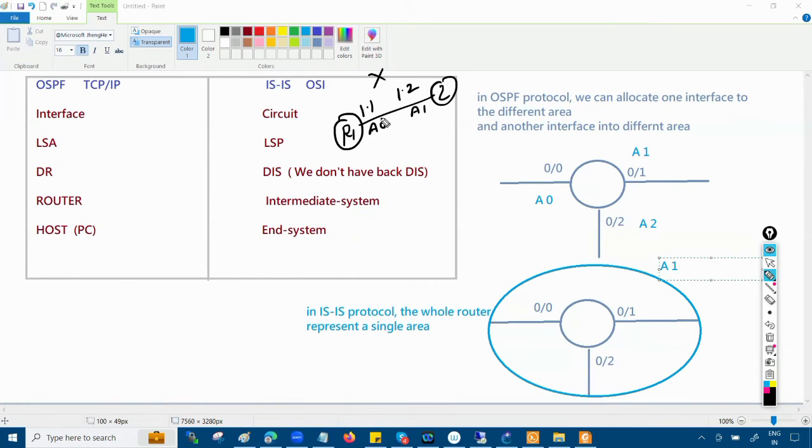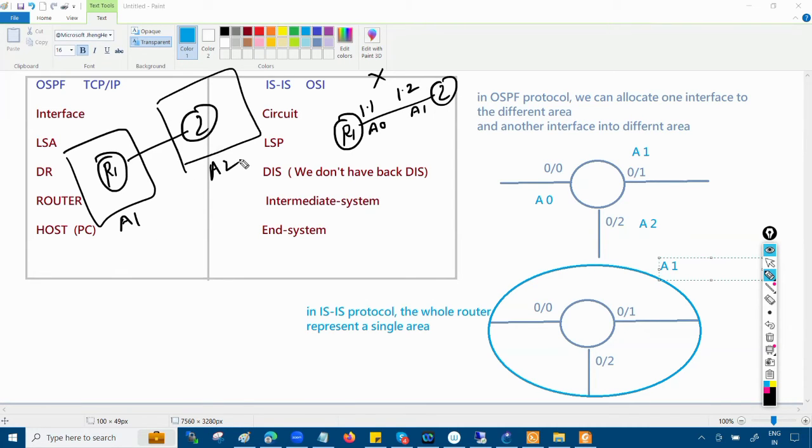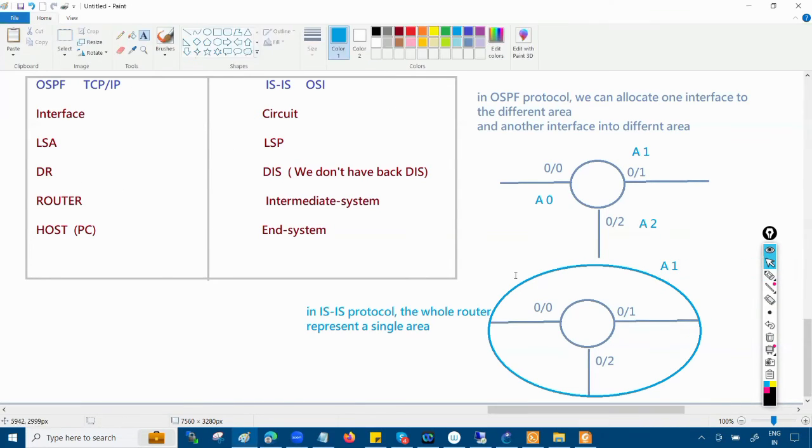No, we cannot do that. But in the case of ISIS protocol, this particular router, doesn't matter how many interfaces it has, is area 1, or area 2, and we can form the neighborship. So the complete router itself represents one area.